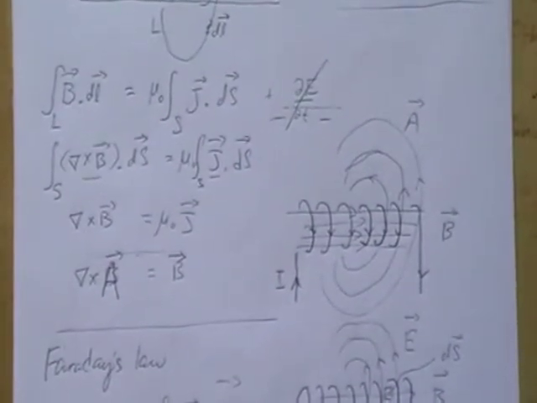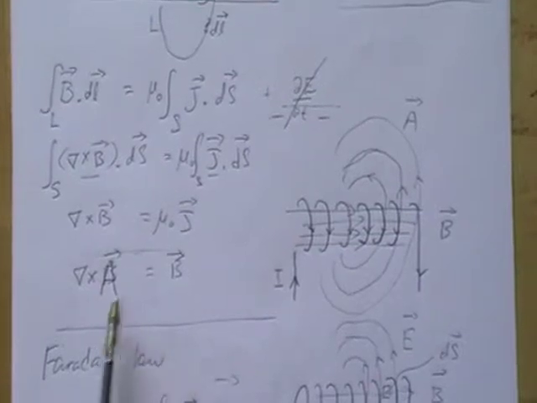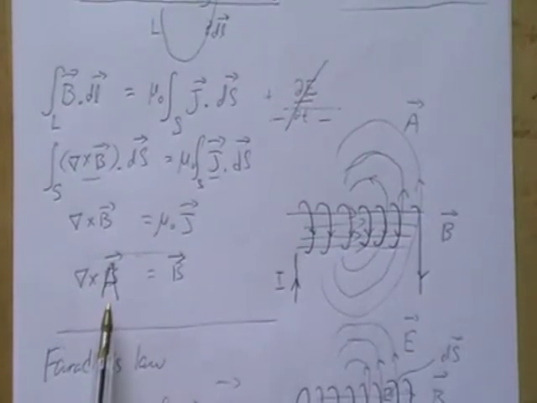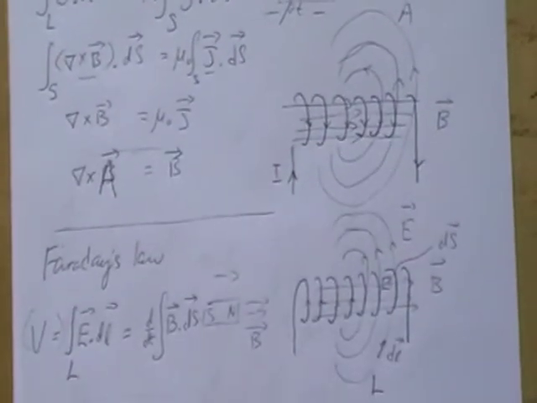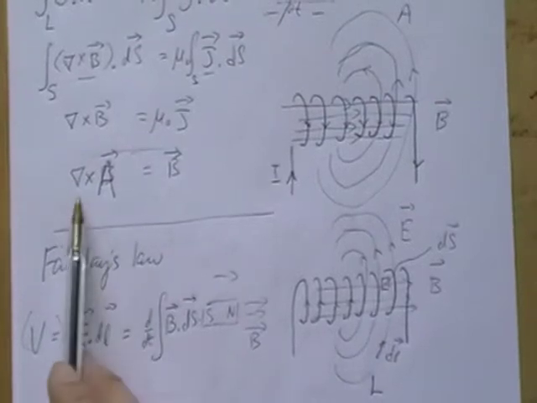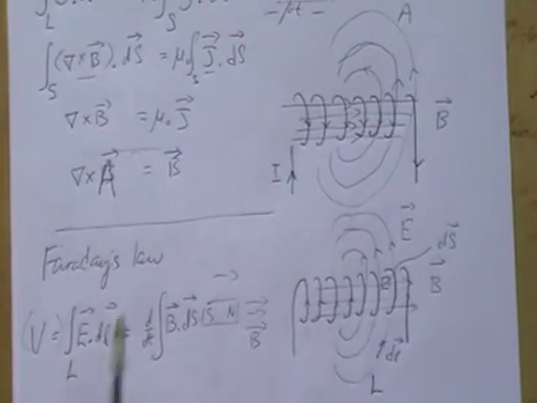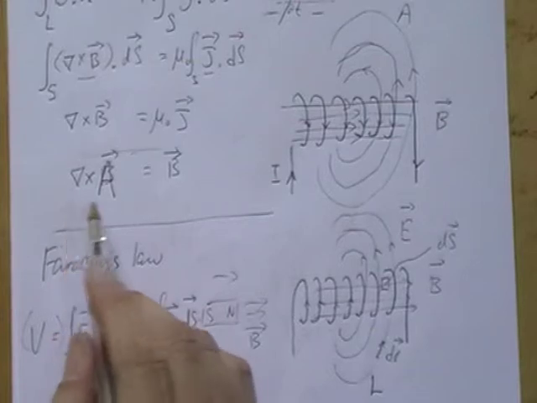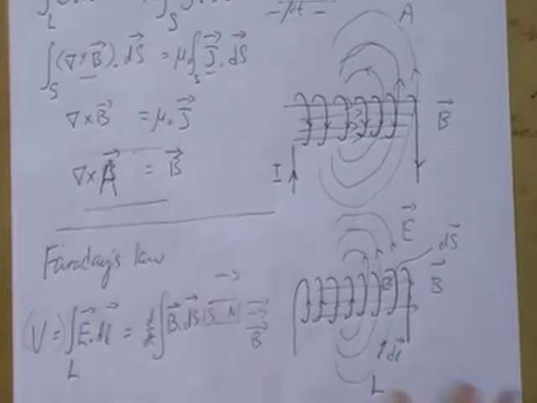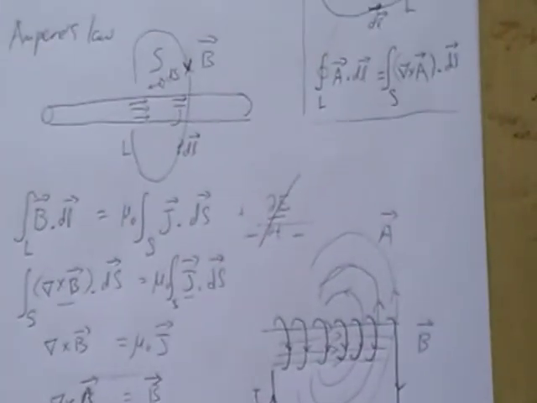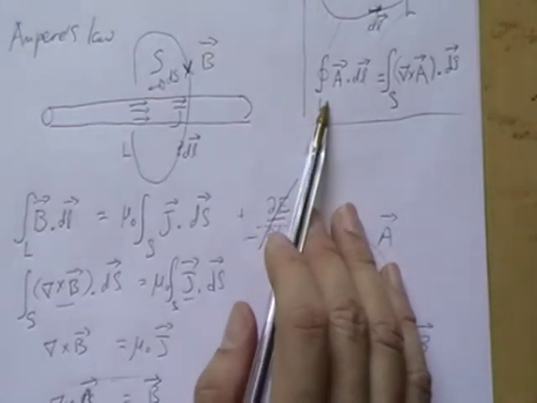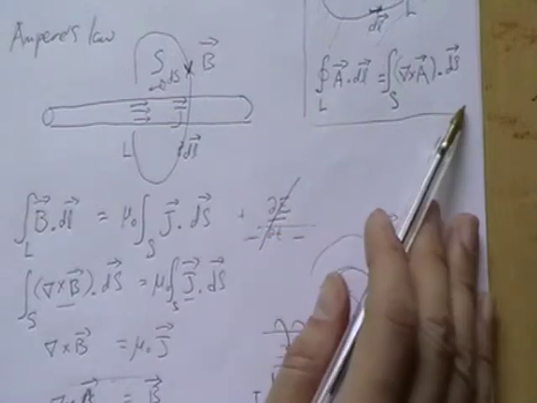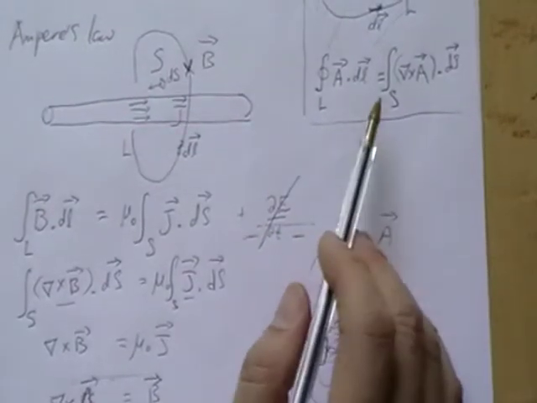Let's see. We don't have a corresponding one for A. So we need a corresponding equation for A, meaning we need an integral form of this equation. Now to make the integral form, let's make use of Stokes' theorem.